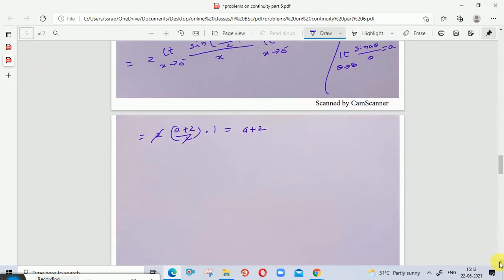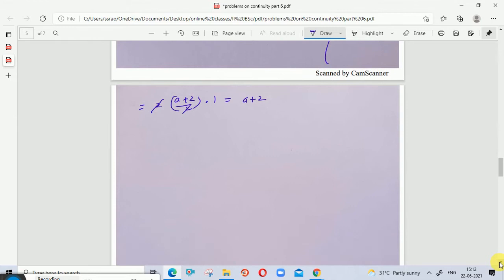Now the right limit. The limit as x tends to 0 plus of f of x is equal to the limit as x tends to 0 plus. x tends to 0 plus means x is greater than 0.